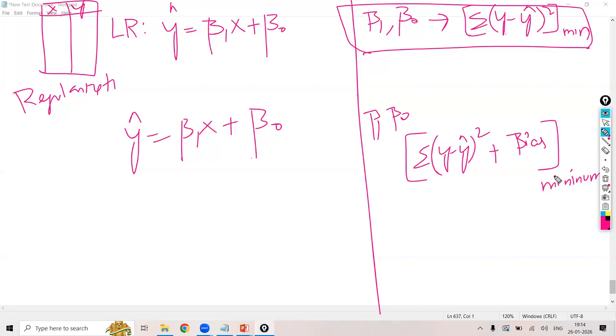Is the point clear? So they have not touched the equation. They have kept the equation as is, but the calculation of beta 1 and beta naught they have changed: instead of the sum of the squares of errors being minimum, I want the sum of the squares of errors plus bias to be minimum. So they have brought some additional bias.